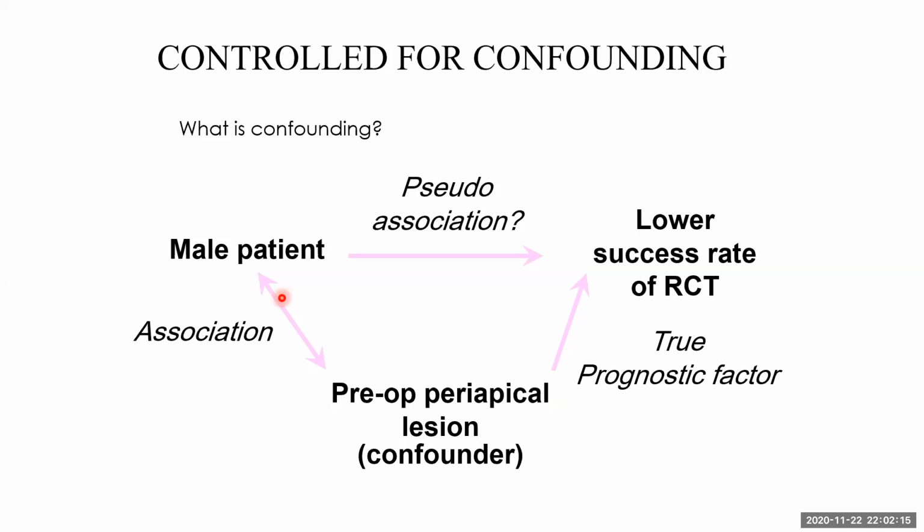And there is a real association between male patient and preoperative periapical lesion. Therefore, the relation between male patient and lower success rate of RCT is a pseudo association because there is a confounding factor that should be accounted for during our design or analysis.